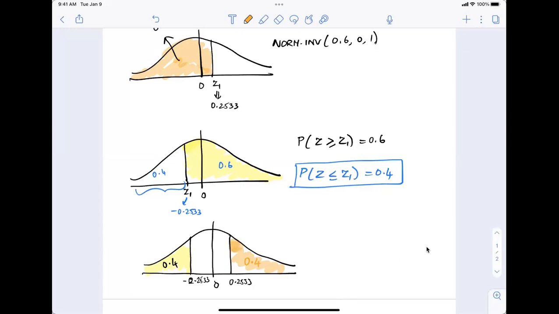Now we'll solve the last one here. We want to find Z1 such that the probability of the value Z lying between minus Z1 and plus Z1 is 0.9. Now, this may be a tad intimidating in the beginning, but let's use our handy visualization tool.